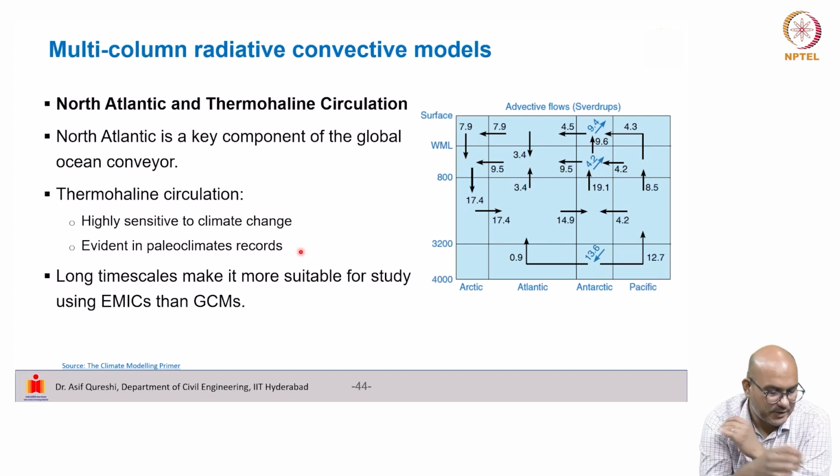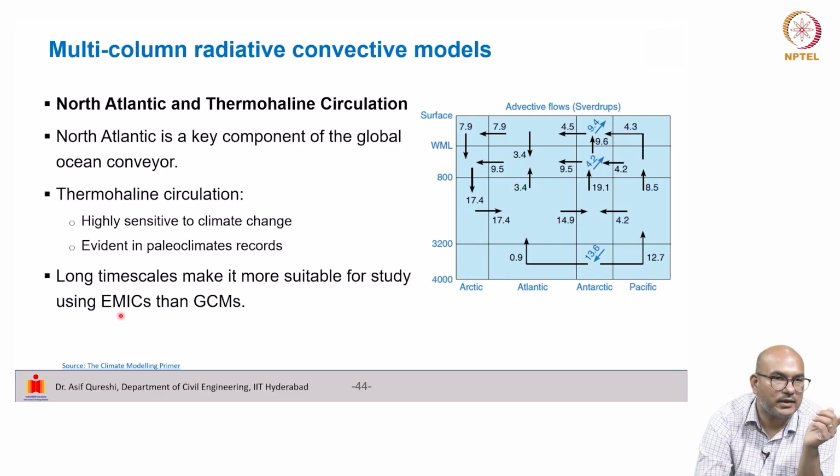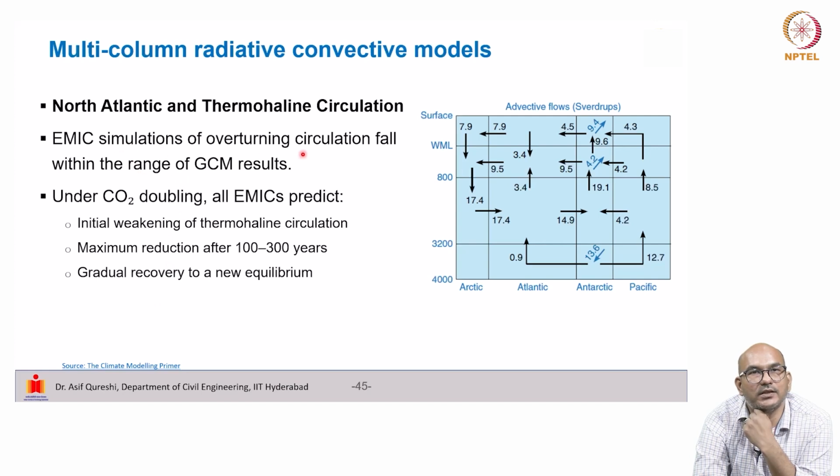So this long time scale of evolution or influence makes this kind of analysis more suitable for a study using intermediate complexity models, because we have not gone highly detailed and complex, but we have not gone highly simplified either. These intermediate models give us a good compromise between model detail or complexity and the integration time constraints. So EMIC simulations of overturning circulation actually happen to fall within the range of GCM results.